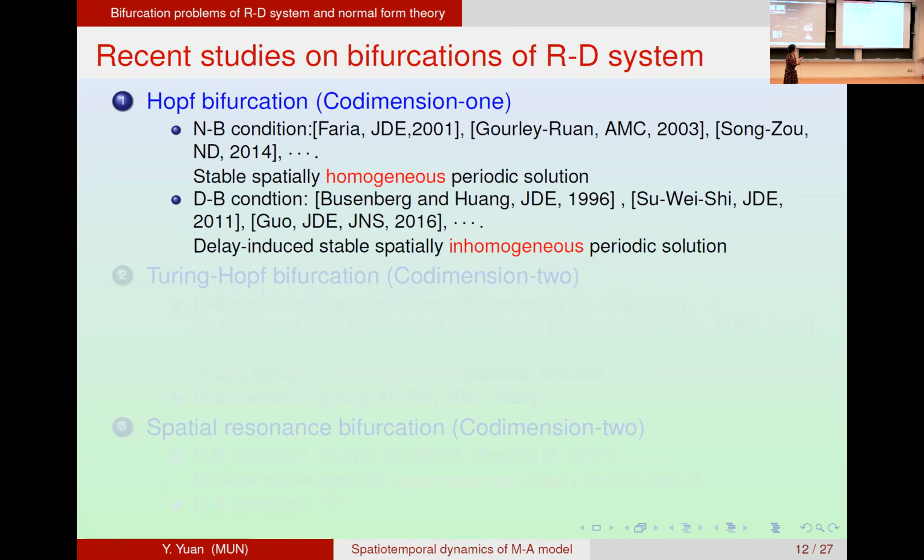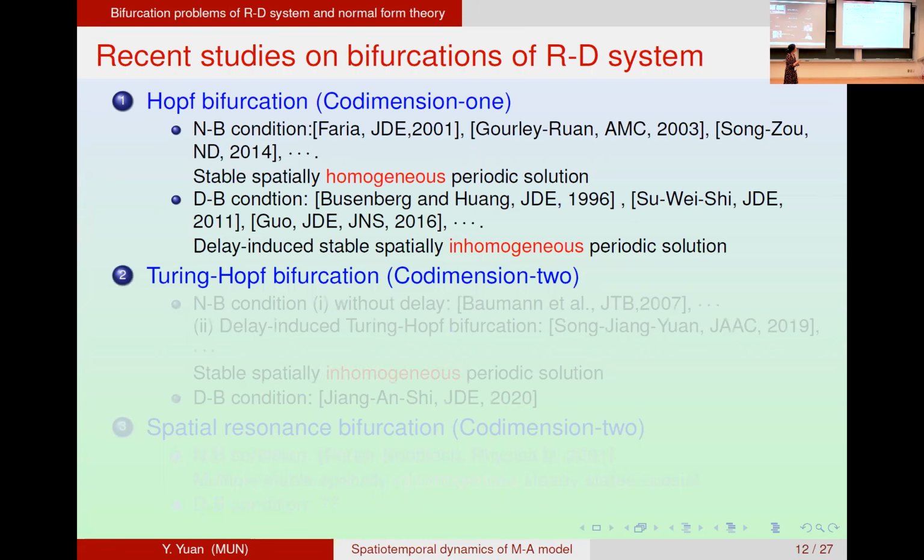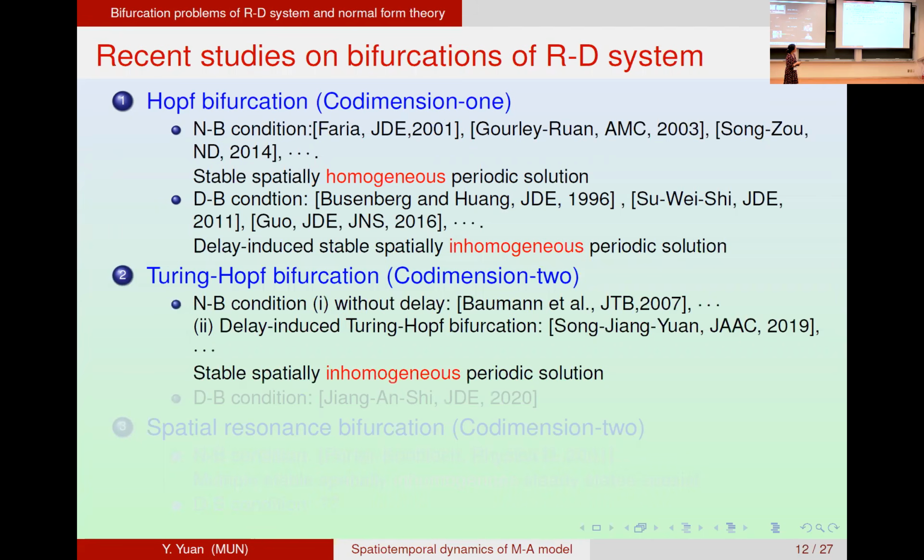In these papers, they discuss the delay-induced stable spatially inhomogeneous periodic solution. This is for codimension 1. For Turing-Hopf bifurcation, a codimension 2 bifurcation, it is more complicated. And again, for different boundary conditions, with delay or without delay, there are some works as well.